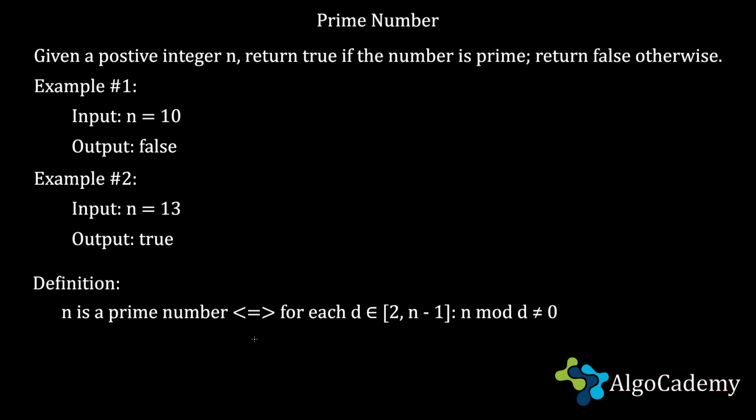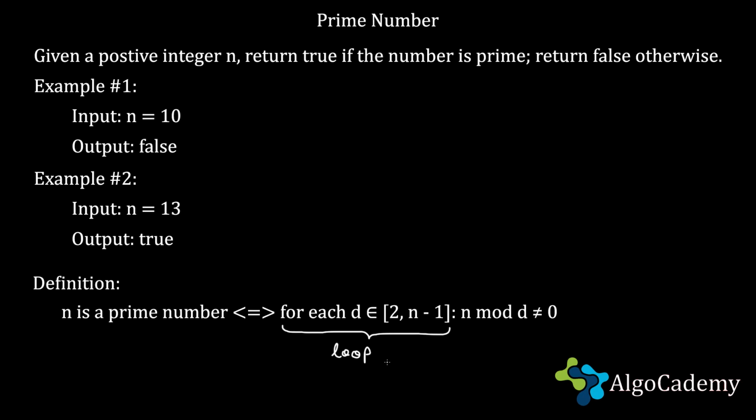Now, as you can see, I found a way to actually tell the computer how to check if n is a prime number. The computer is going to try out each and every value between 2 and n minus 1, and because n could be large, there could be many values in this range, so I'll obviously not do it by hand. I'm going to use a loop for this.